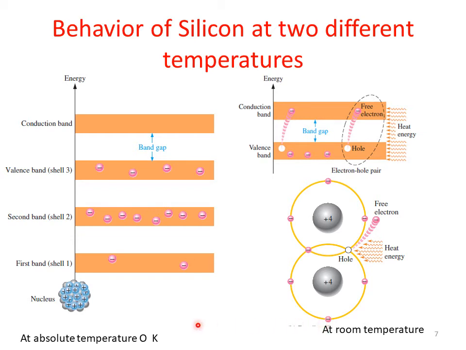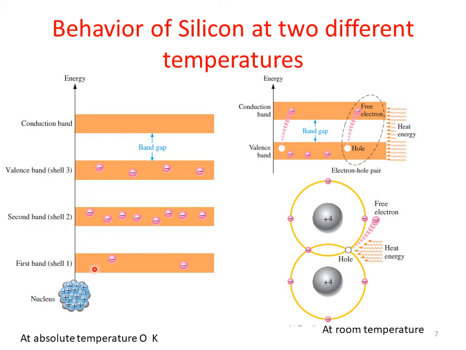Let us see how the silicon atom will behave when it is kept at the absolute temperature. This diagram shows that the silicon atom has an atomic number of 14.